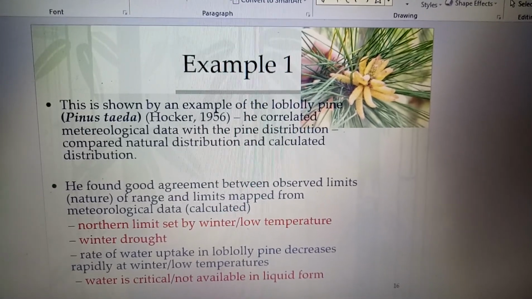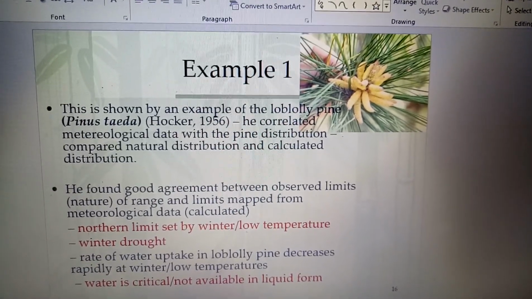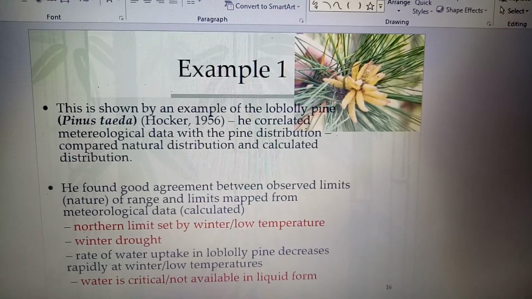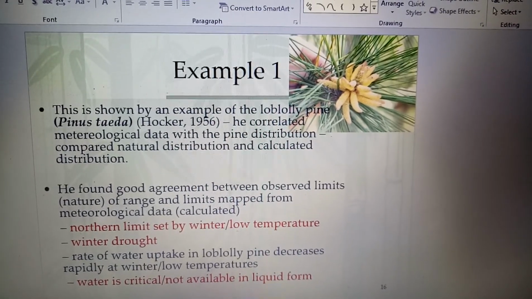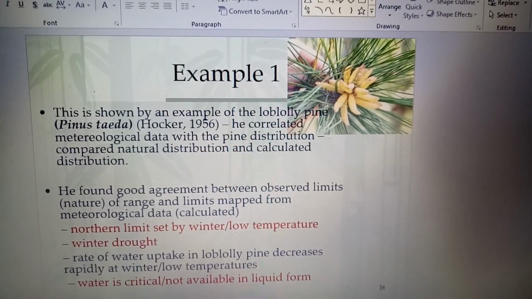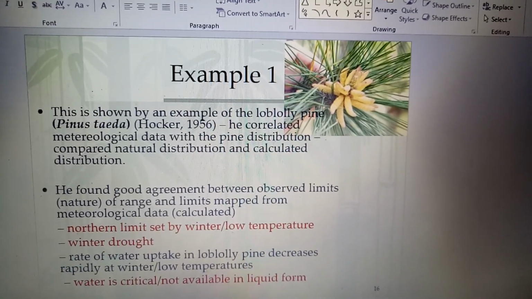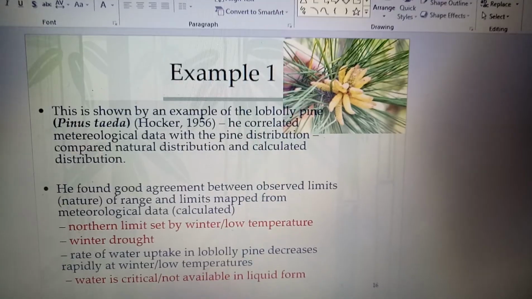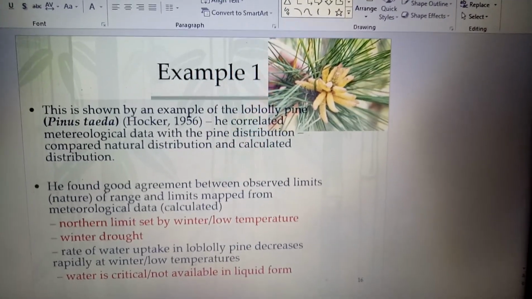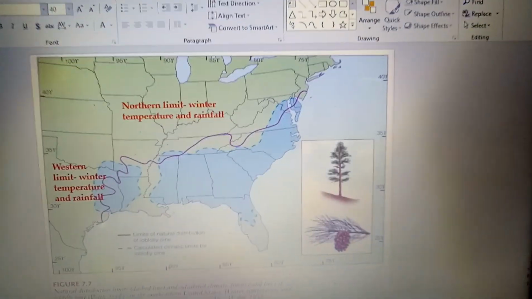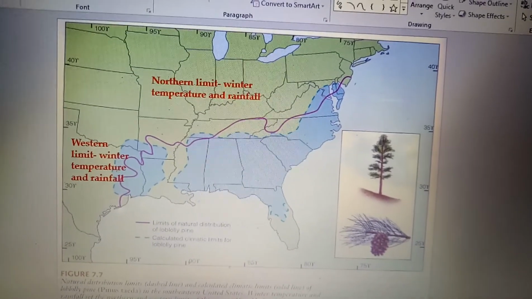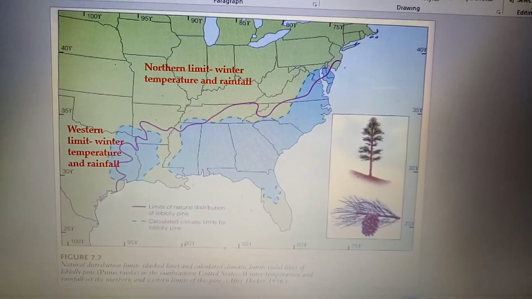The northern limit is set by winter low temperature, winter drought. The rate of water uptake in loblolly pine decreases rapidly at winter or low temperature. So water is critical, not available in liquid form. This is figure 7.7 about that.